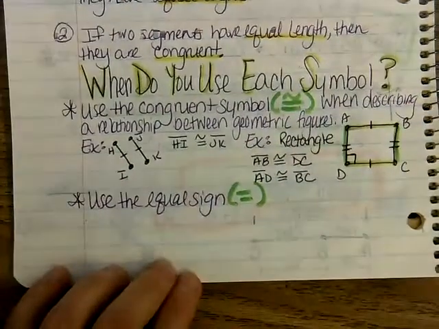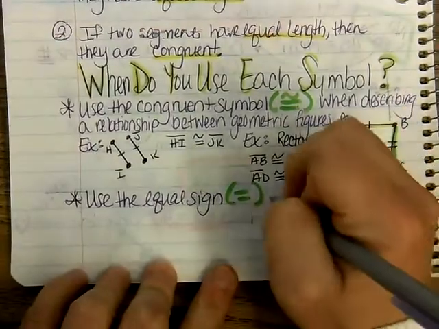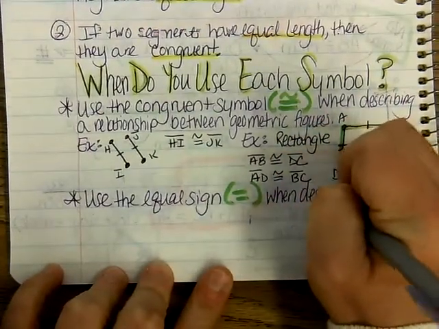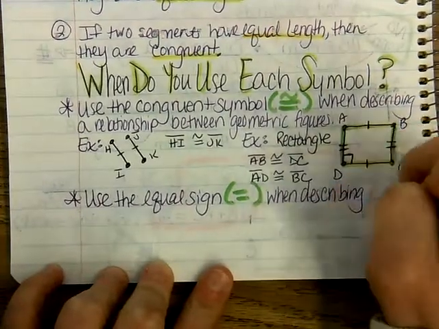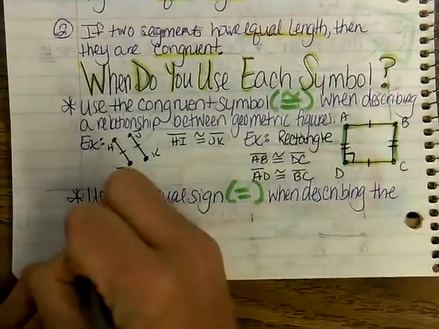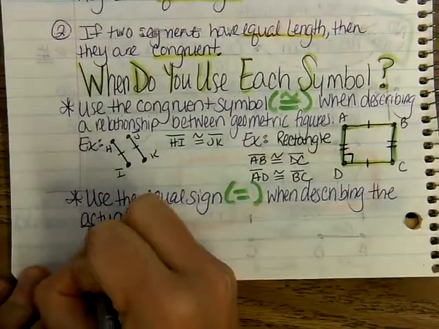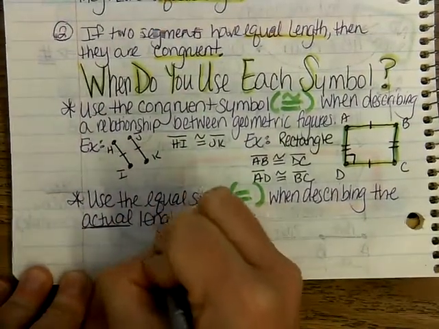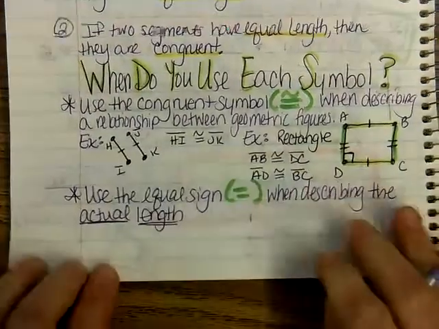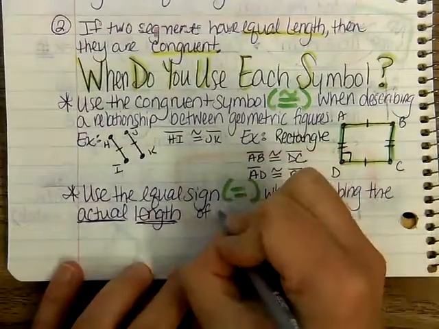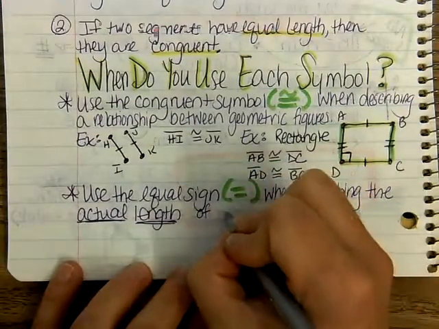So you're going to use the equal sign when describing the actual length, which means that we're talking about an actual number, the actual length of geometric figures.